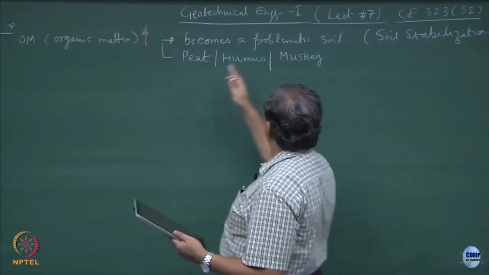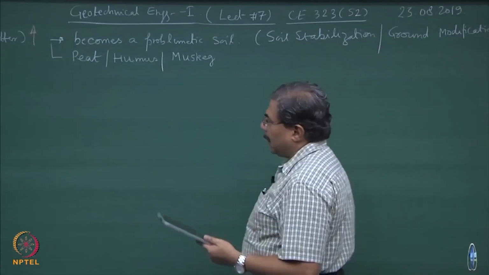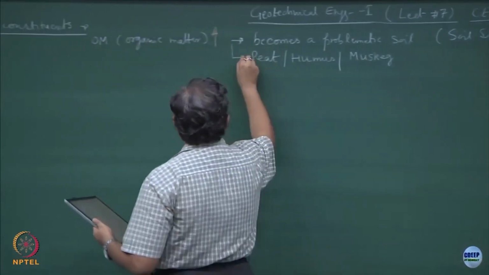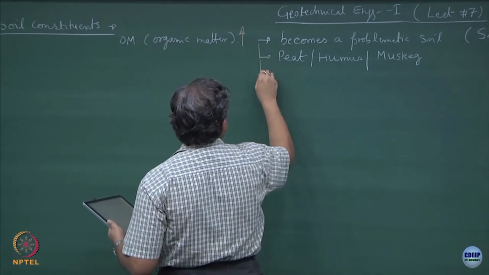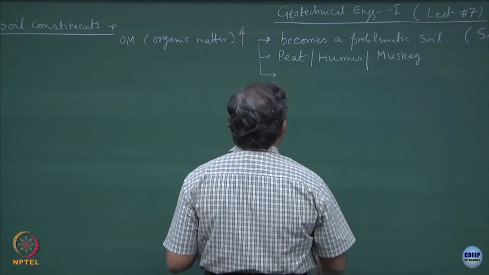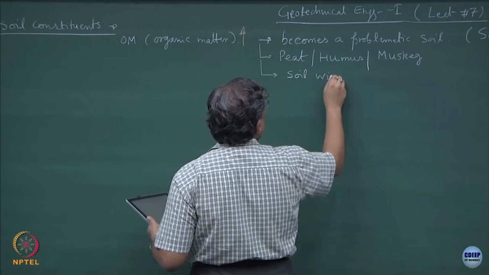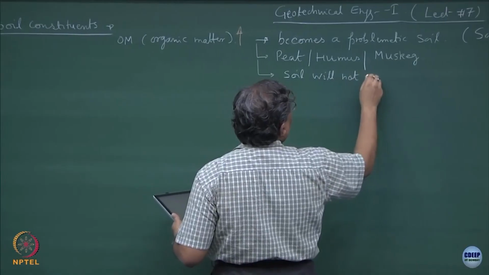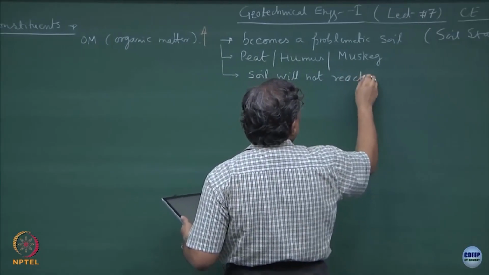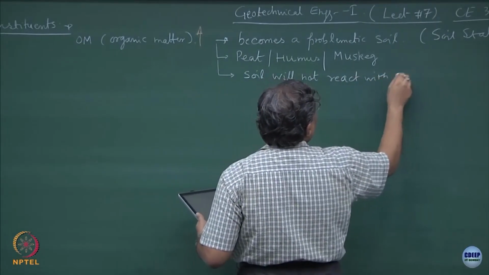Higher the organic matter, the more difficult the problems become to stabilize. The big issue is that as the organic matter increases, the soil will not react with cement.